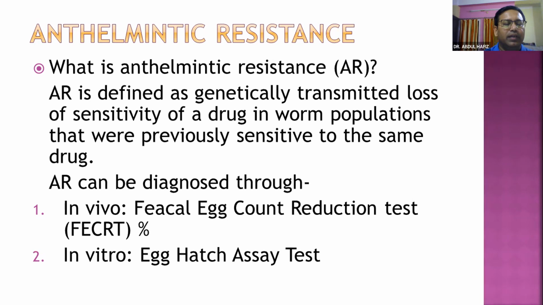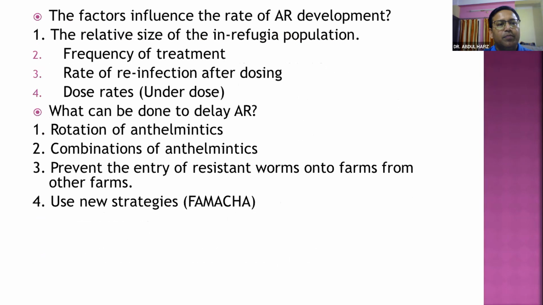That means in the laboratory we can dilute the pure chemicals of the anthelmintics and use them to hatch the eggs, so that we can diagnose whether it is drug resistant or drug susceptible.